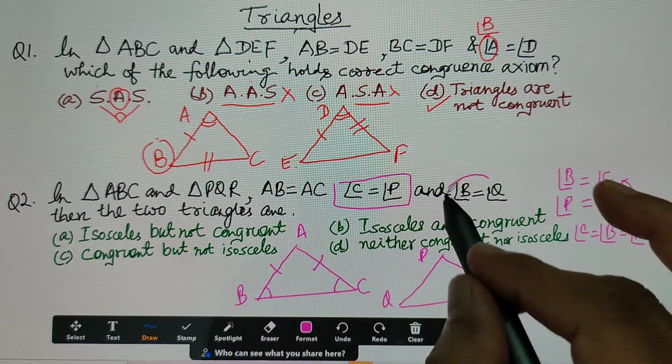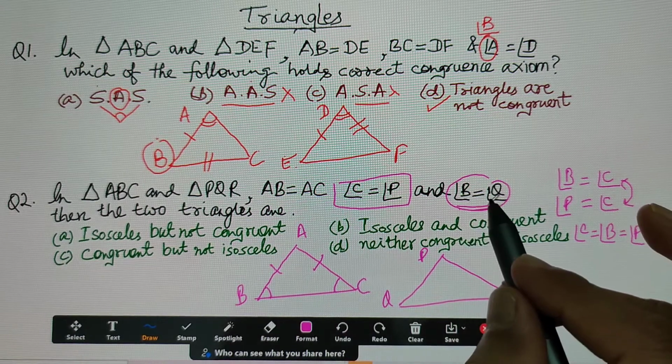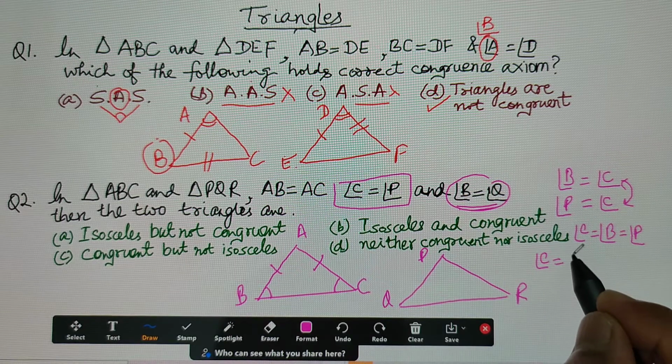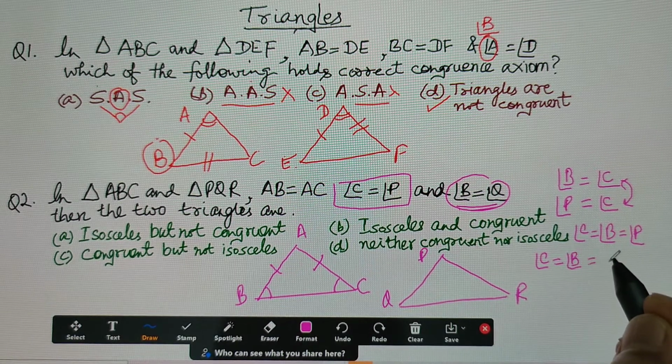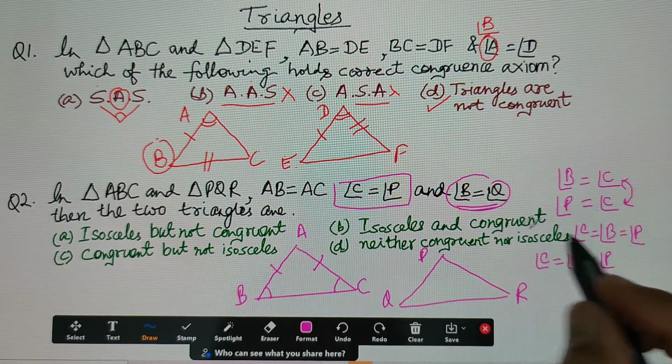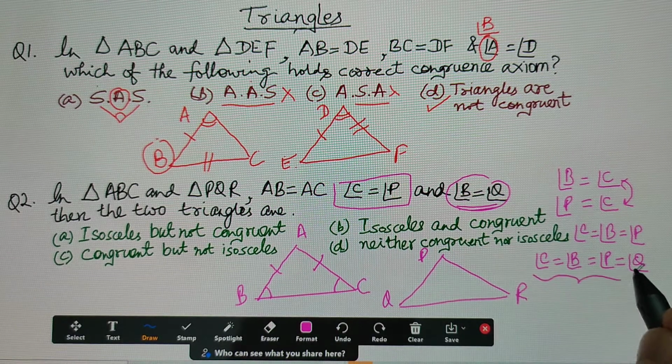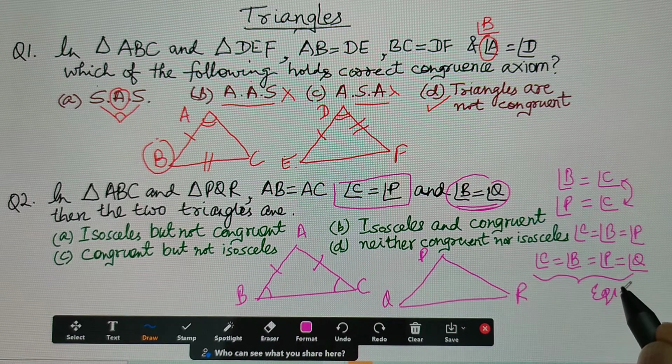Now here we have angle B which is equal to angle Q. That means angle C is equal to angle B which is equal to angle P, which again is equal to angle Q. That means all these four angles are equal.